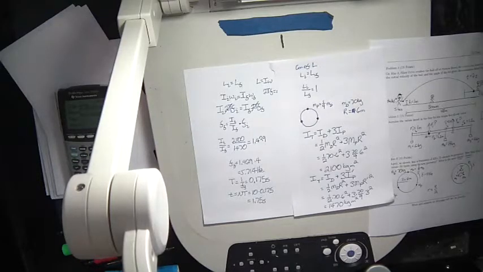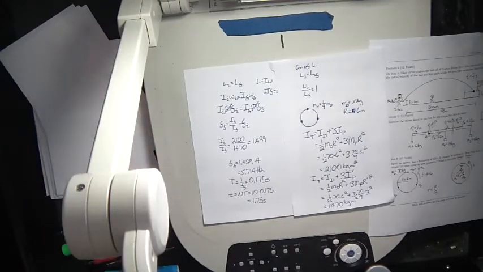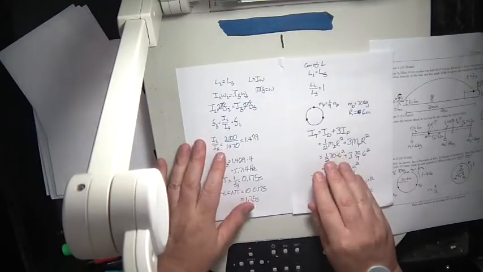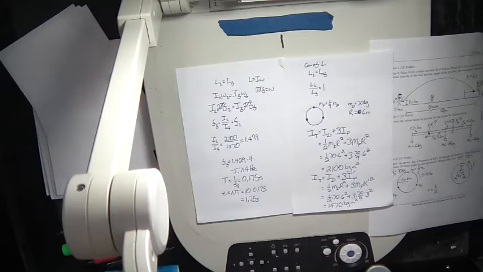In playground physics, in this wheel that we're spinning, angular momentum is conserved. So that's the answer to that.